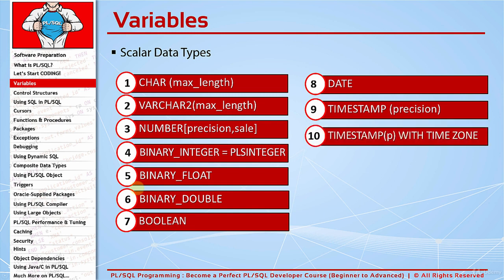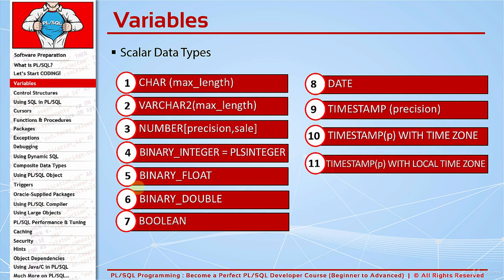And timestamp with time zone. This data type extends the timestamp data type, including time zone. Time zone is the difference in hours and minutes between local time and coordinated universal time, commonly known as Greenwich time. It has a precision next to the timestamp keyword. This fraction can be between 0 and 9. Default is 6. And timestamp with local time zone.